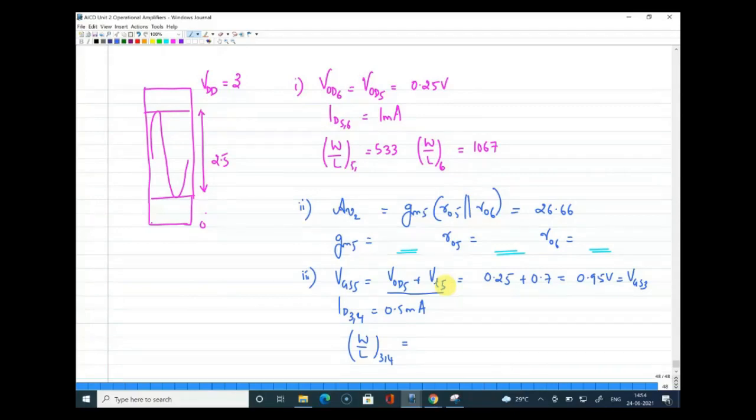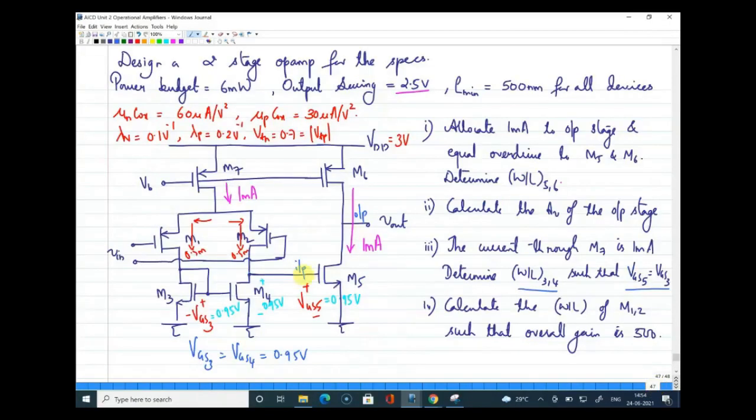Excuse me, sir. Sir, VGS of 5, is it equal to overdrive of 4? Yes. Because it is tied, right? The drain of M4 is tied to the gate of M5. That means the drain voltage, the VDS voltage or the overdrive voltage is equal to VGS5. Yes.